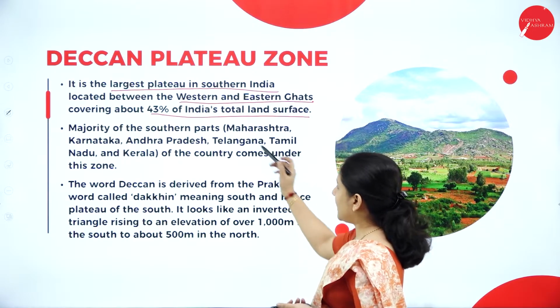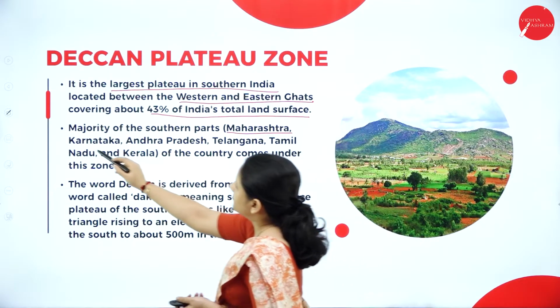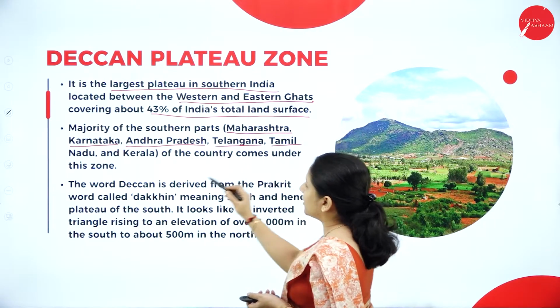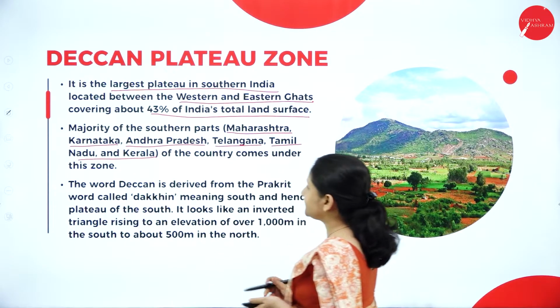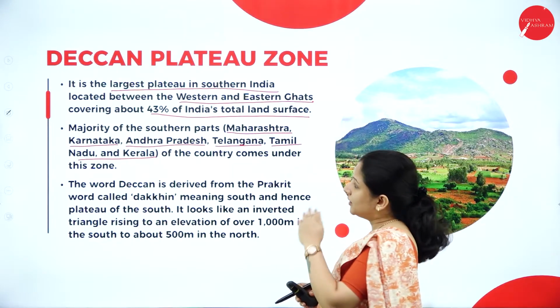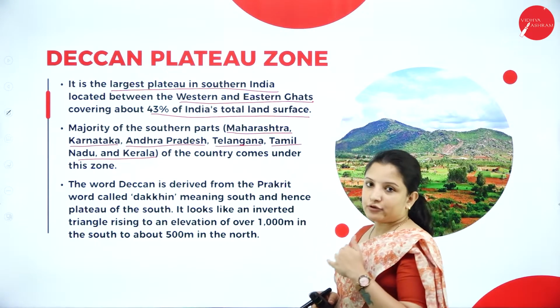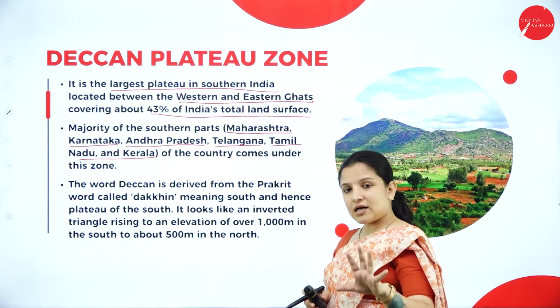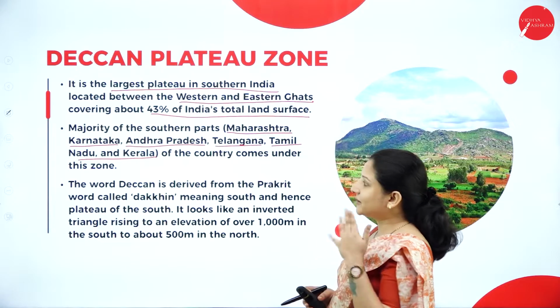Majority of the southern parts, that is Maharashtra, Karnataka, Andhra Pradesh, Telangana, Tamil Nadu and Kerala, they all come under this Deccan Plateau zone. So, in Kerala, Tamil Nadu, Maharashtra and so on, the Western Ghats zone is also there, as well as the Deccan Plateau zone.